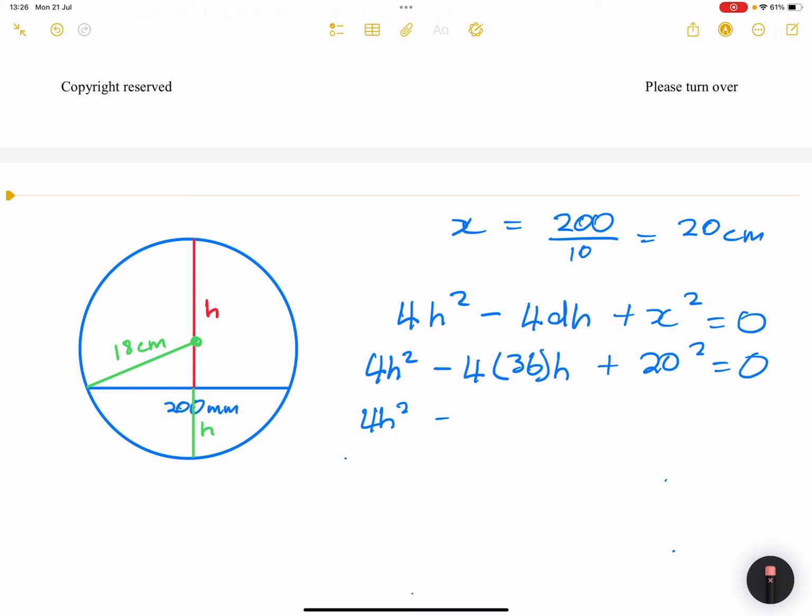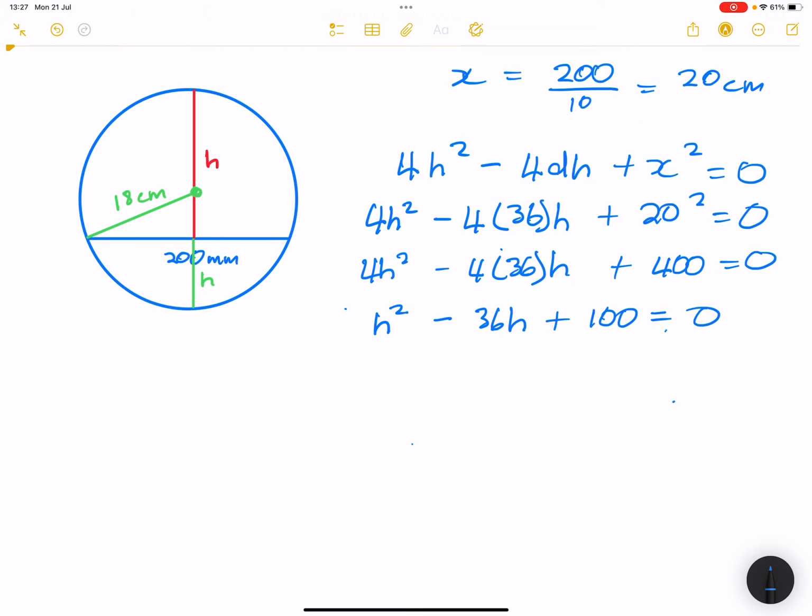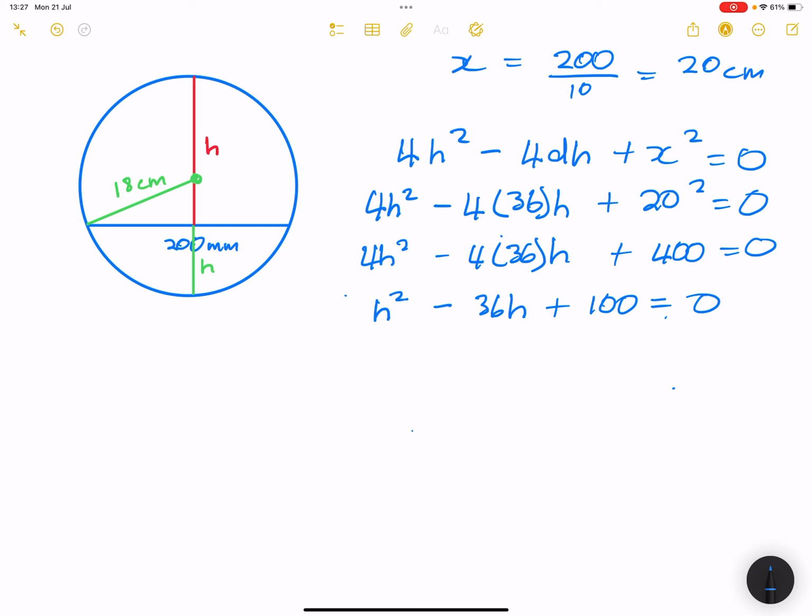And let's say 4 times 36h plus 400. Right, 20 squared will be 400. And if I divide by 4, I'll be left with h squared minus 36h plus 100 is equal to 0. And of course, we can now use our quadratic formula.